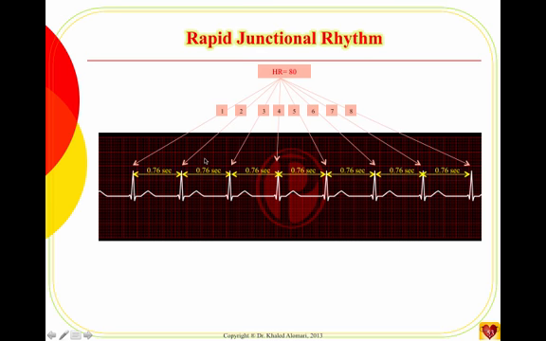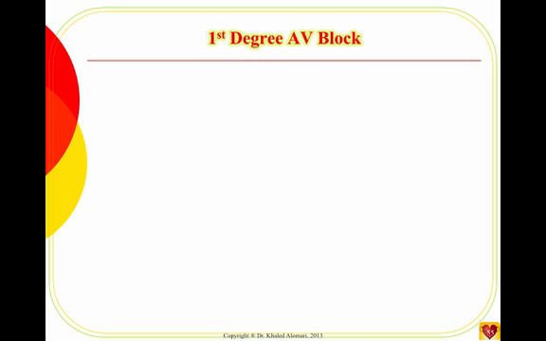Again, I want to remind you what the AV does. It slows down the atrial rate, and it slows down or prolongs the time, or controls the time, between the firing of the SA node until it causes ventricular contraction.